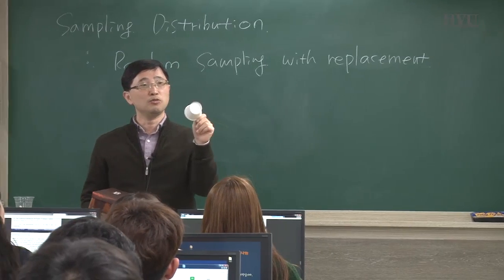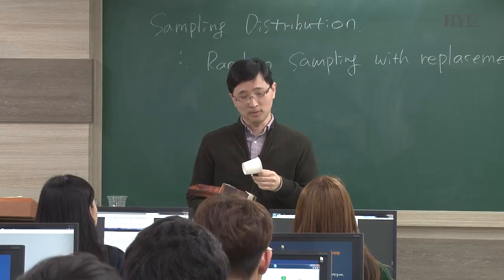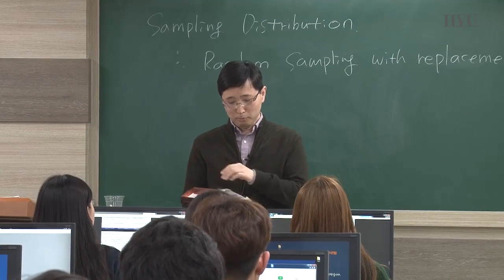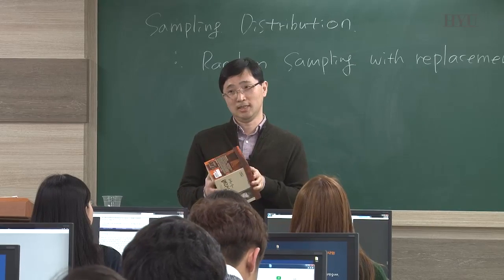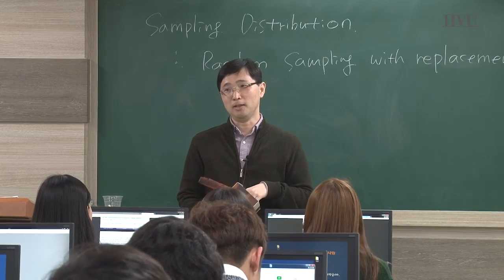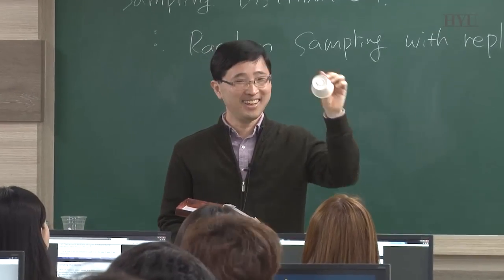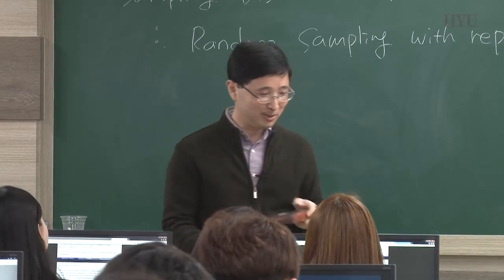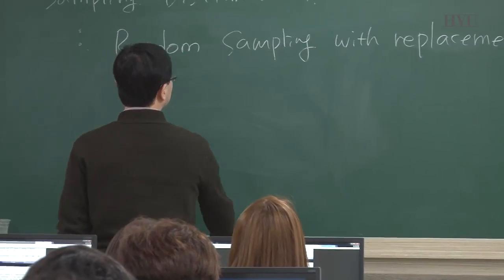Once I draw this 2, I have to put it back. Okay, that's the meaning of with replacement. And then I draw again, and do the random sample. It's very weird. We have another 2. But anyway, that's the meaning of random sampling with replacement.